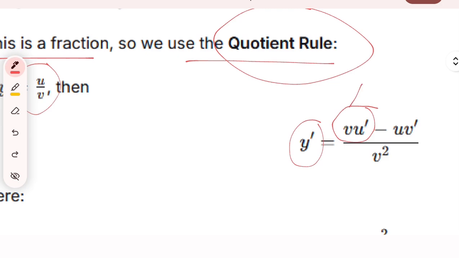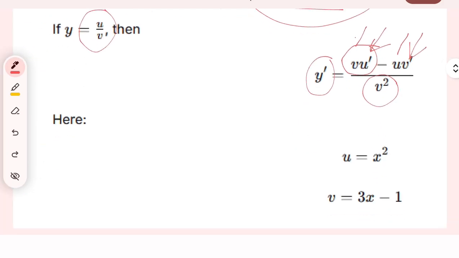Meaning you multiply the denominator by the derivative of the numerator, minus the numerator times the derivative of the denominator, divided by the denominator squared.